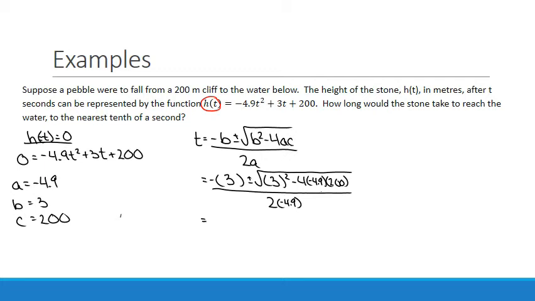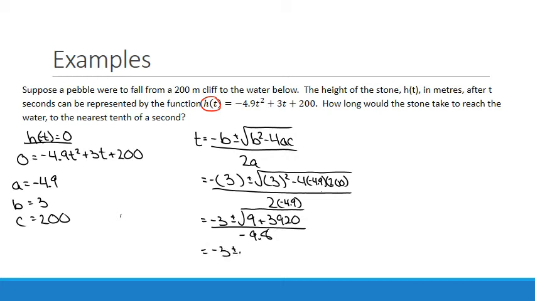All right, so now I just go through. Negative 3 plus or minus. This is 9. Two negatives make a plus. That would be 3,920 if you multiply all those together. Divided by negative 9.8. Keep just chipping away at everything.